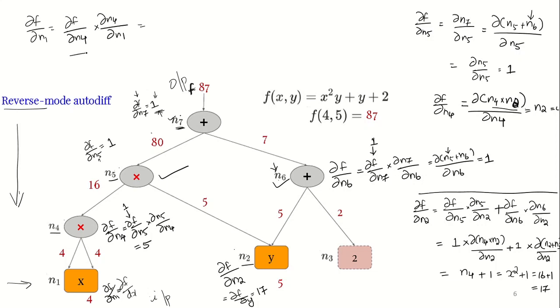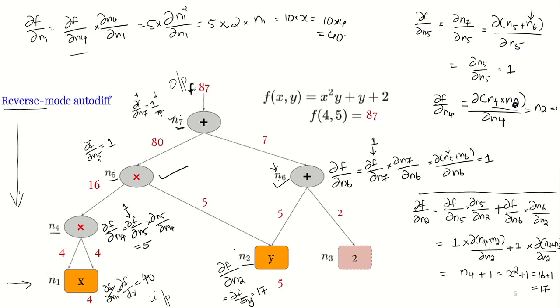Okay, what was ∂f/∂n4? ∂f/∂n4 was 5 into, what is n4? n4 is n1 square. Okay, so ∂n1 square divided by ∂n1. So what is it? 5 into 2 into n1. And what is n1? n1 is x. Okay, that is 10 into x, that is 10 into 4, which is equal to 40. Okay, so what we got is ∂f/∂x is equal to 40.